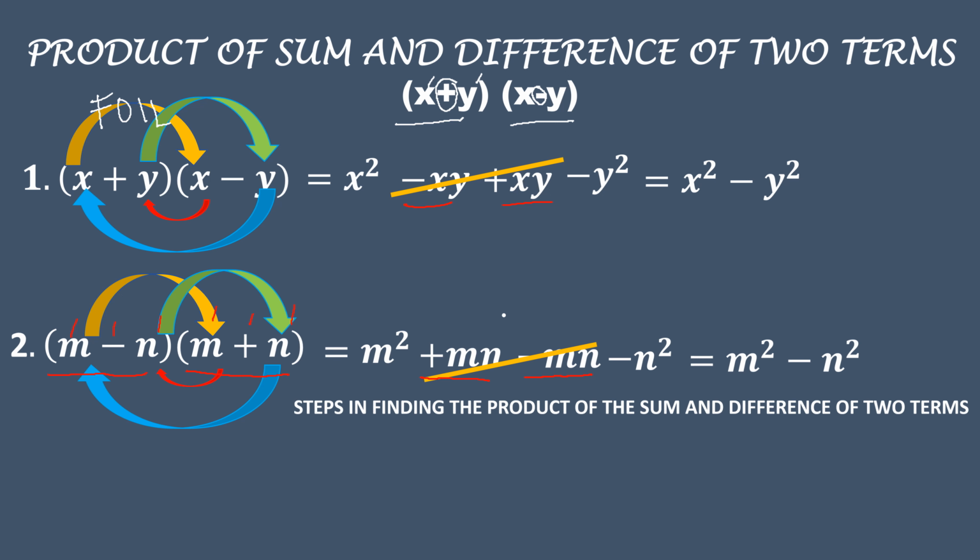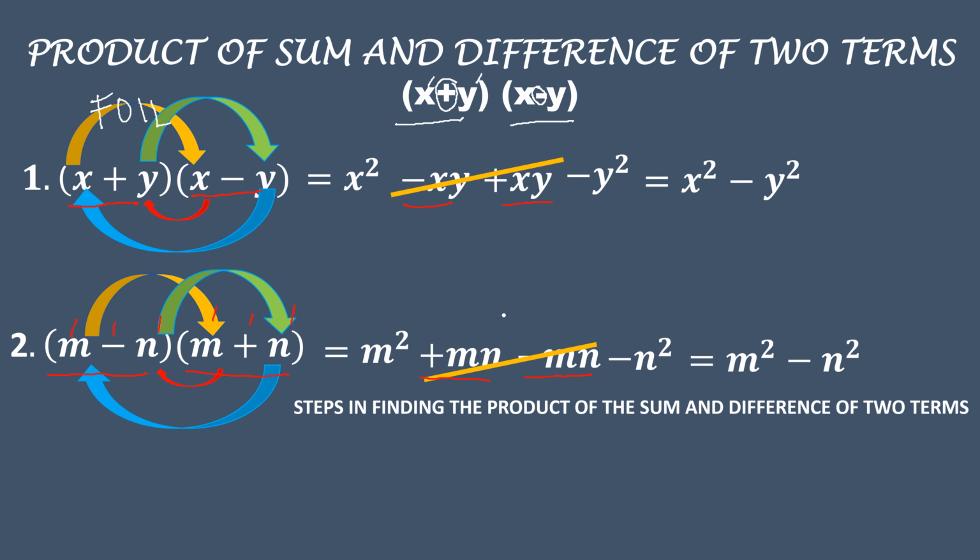Okay, so let us try to have the steps in finding the product of the sum and difference of two terms. So what are the different steps? When we say sum and difference, one of the two binomials is a sum and the other is a difference.